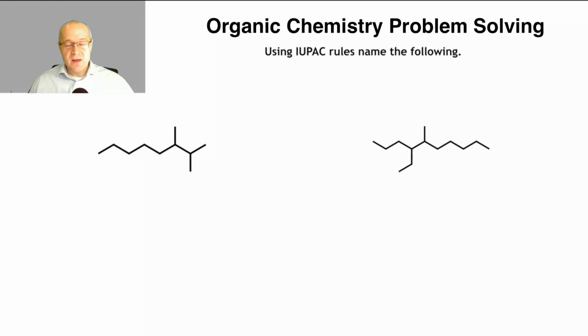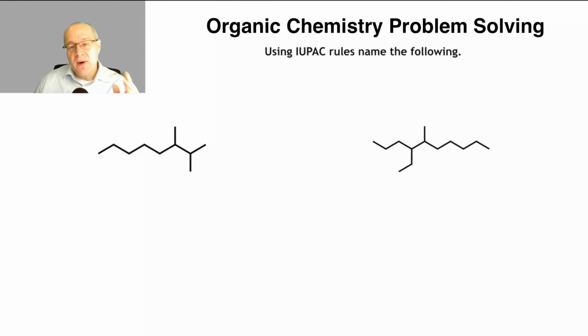Now when you're doing this, you're going to have to tell the reader or your faculty member, yours truly or someone else, what substituents are where. In other words, what carbon are the substituents attached to, and what are those substituents? So we have to number the carbons.